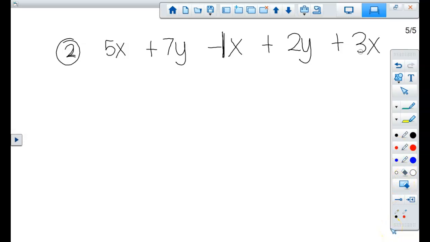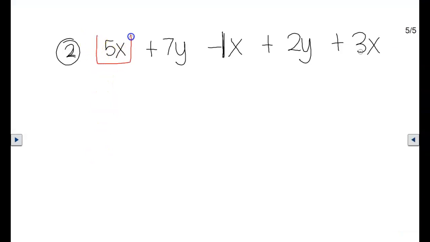So I'm always going to start at the beginning. So the first term I see is 5 times x. 5x. His last name is x. So I'm going to look through all of these other terms. I'm going to see if anybody else has a last name of x. And if they do, I'm going to put a red box around them just like I did around the 5x. So as I look, right here I see another term that has x as the last name. So I'm going to put a red box around minus 1x.